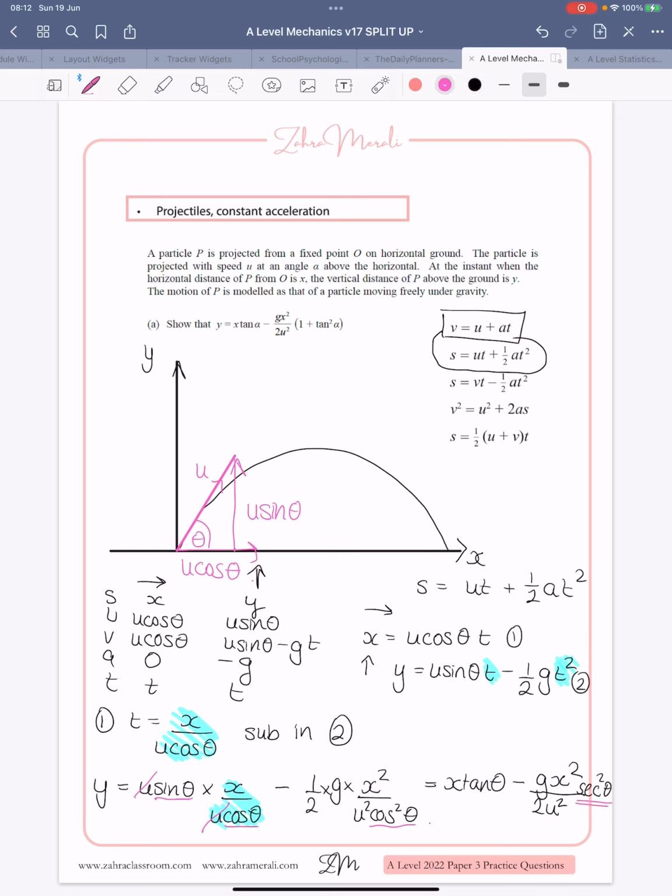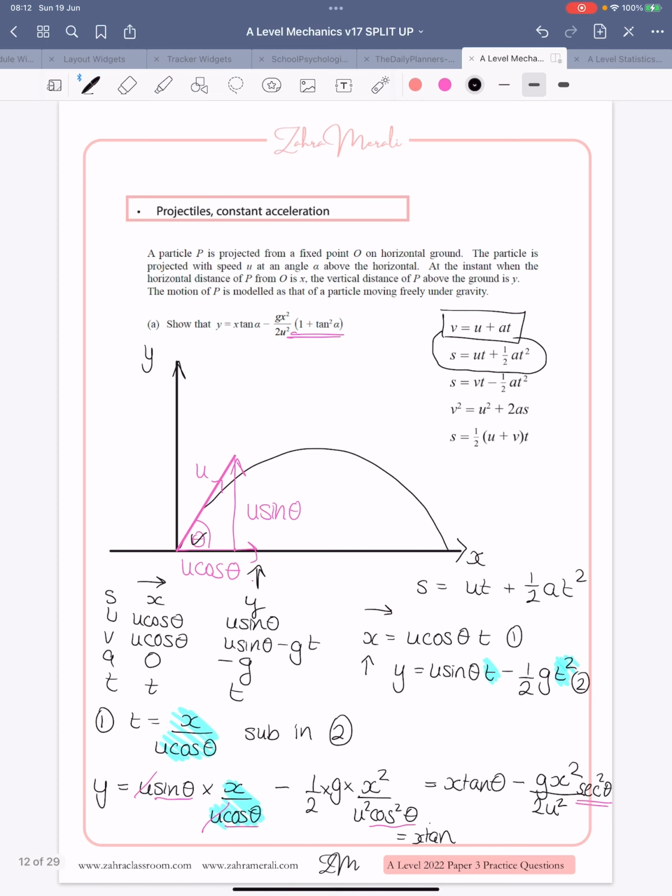Now, hopefully, if you then compare it to what's up there, everything's the same, except for over here we've got sec squared theta, and here we've got 1 plus tan squared theta. Now, you know from your identities that sec squared theta is the same as 1 plus tan squared theta. So from that line there, you can essentially write the answer out. Your next line will just be x tan theta, I've written tan theta, they've used alpha.